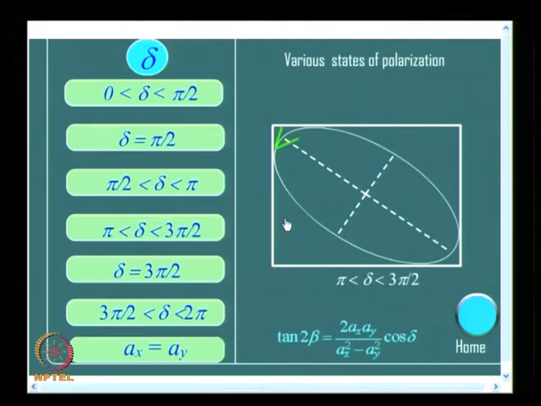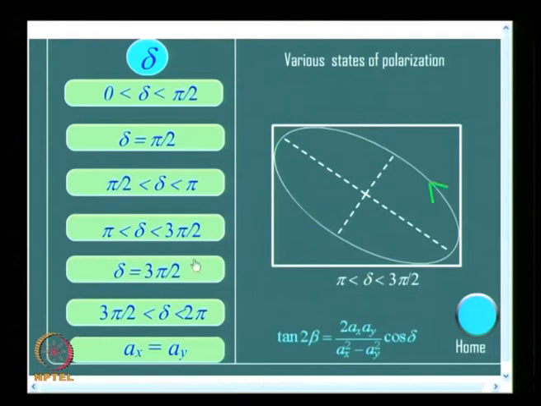So you can look at it the other way. When I look at the light ellipse, it is possible for me to find out what would be the value of delta that would have caused this. Our interest is the reverse, but in order to understand the cause of delta, we look at how the light characteristics change for various values of delta.